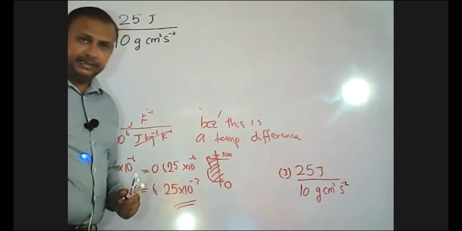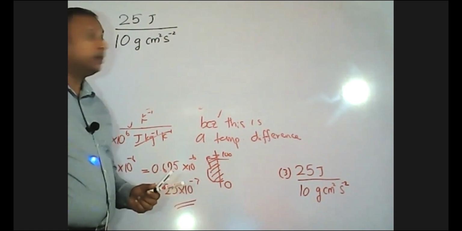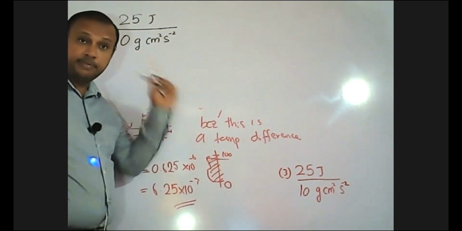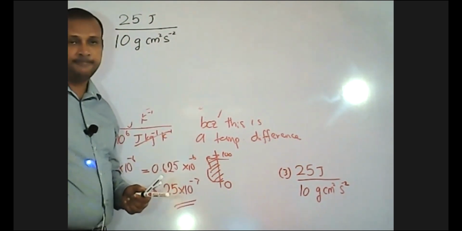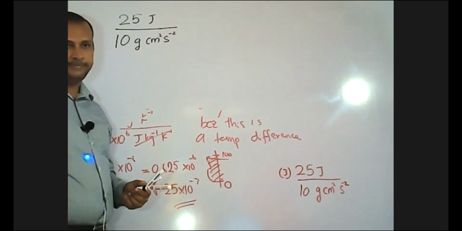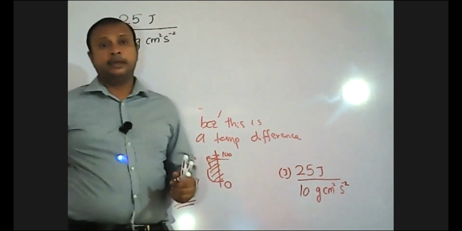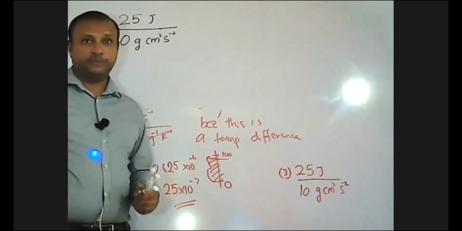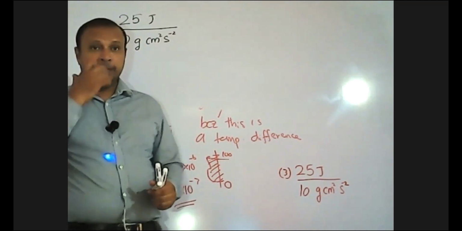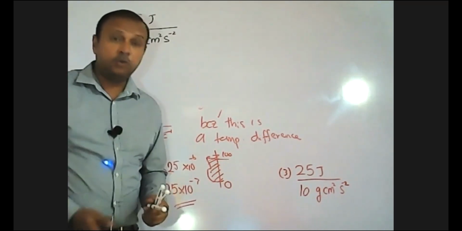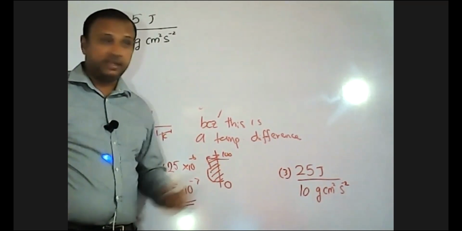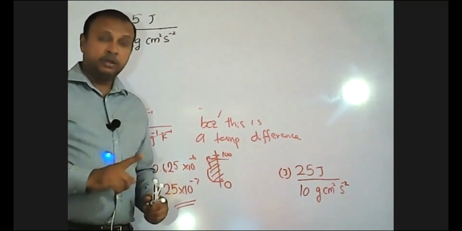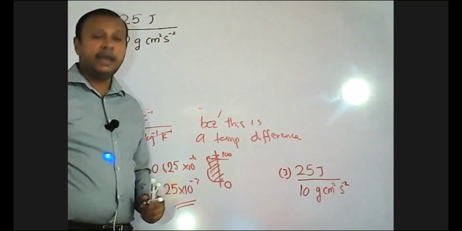Joule is the special name that is given for measuring energy, energy or work done. But there is another unit that can be used to measure energy. Work done is equal to force into distance. You know that. Force means Newton, and distance is meter.